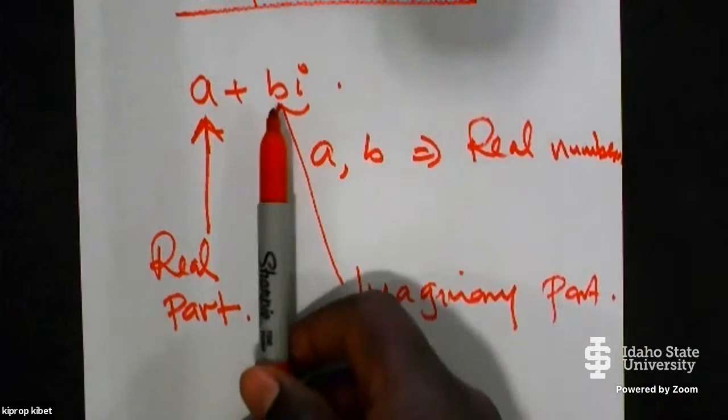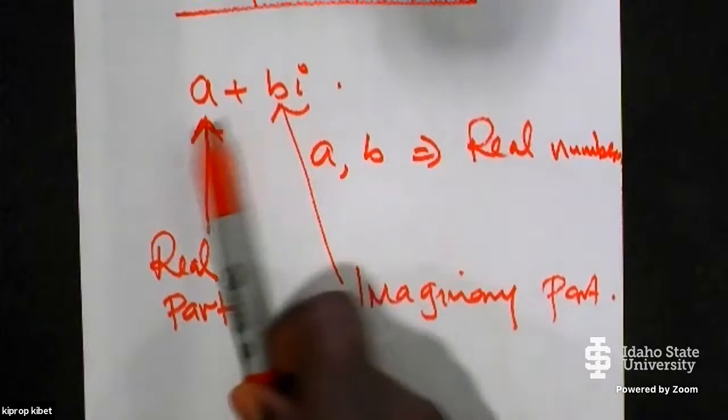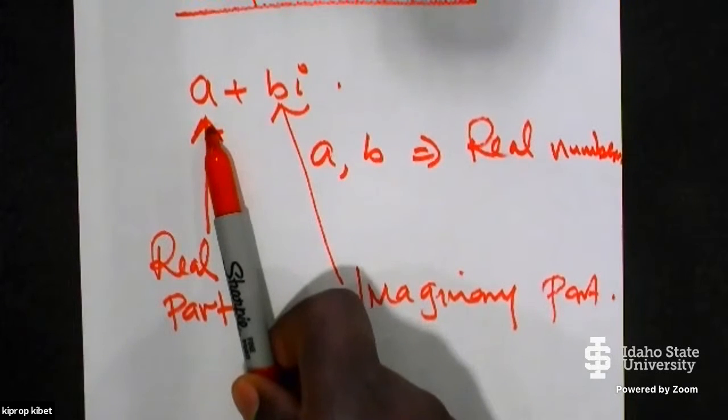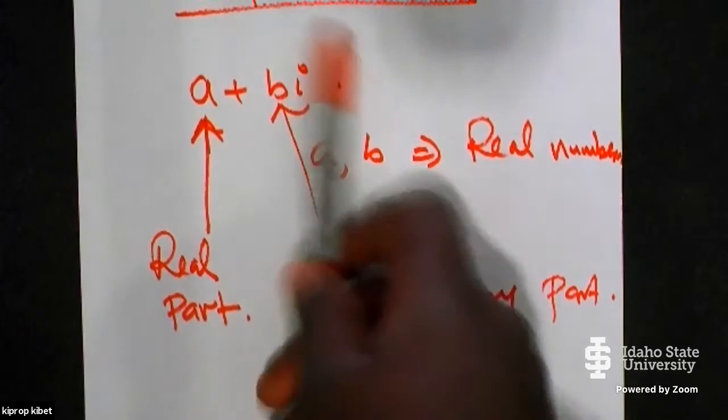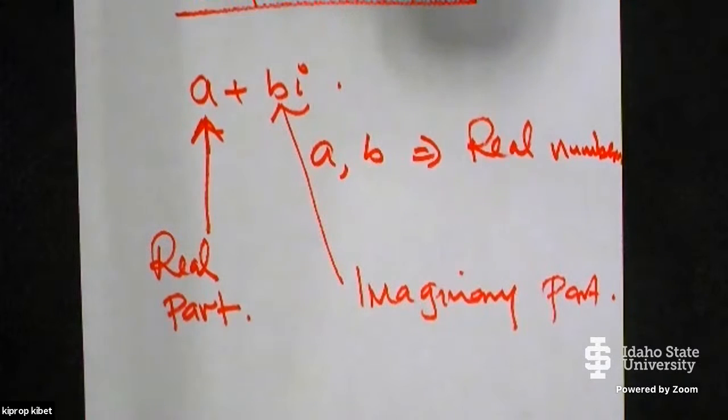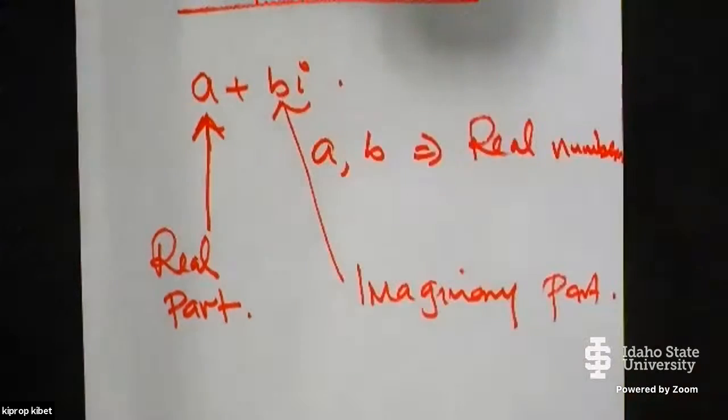When b is 0, we get a real number. When a is 0, we get an imaginary number, which is bi. So you would use that in future.